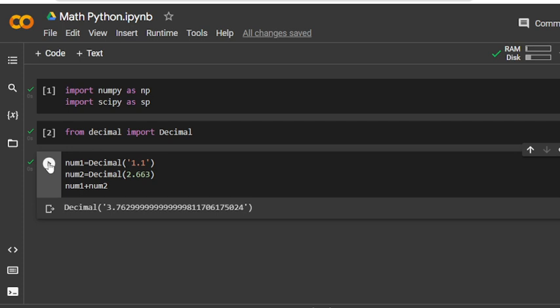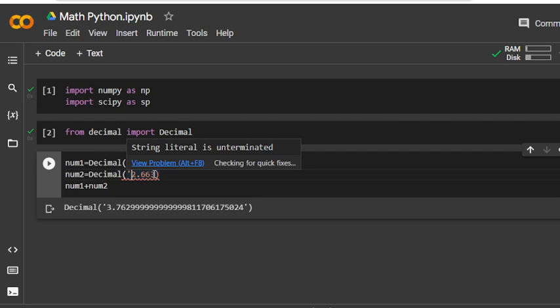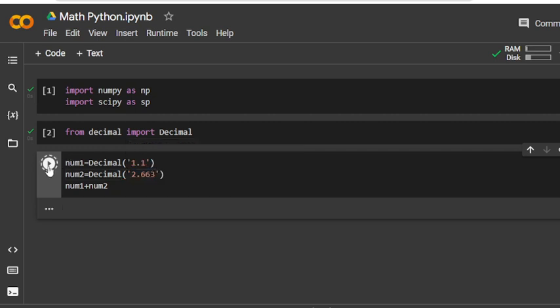Note that the argument to a Decimal is given as a string rather than a float. So you can see here, the argument of this number looks like this, but if I put it inside quotes, it becomes a string, and this is your output.